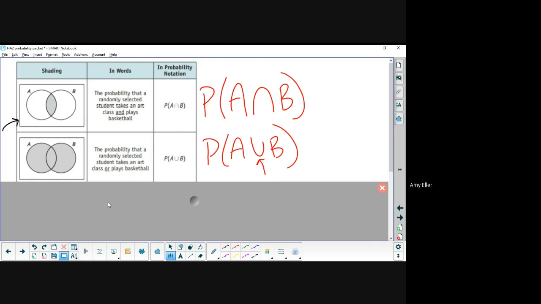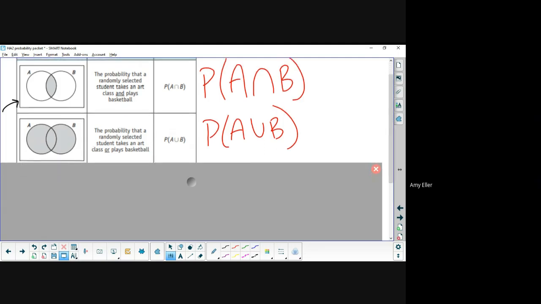Union. It's not really a U, but that's kind of how it looks and how we remember it. Union. Like a marriage. So person A and person B are getting married. They're taking all their stuff and putting it together. So it's all of it, not just the intersection like the prior example.